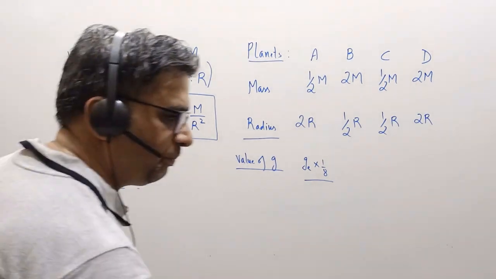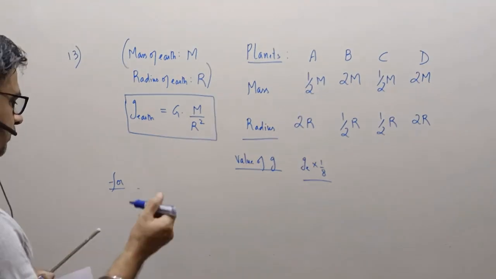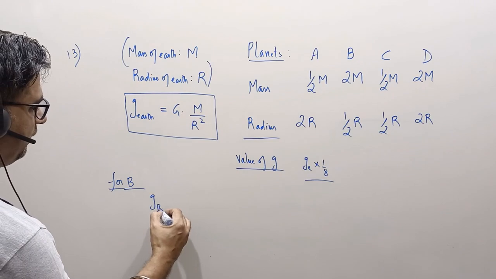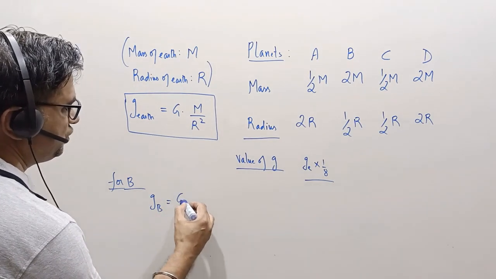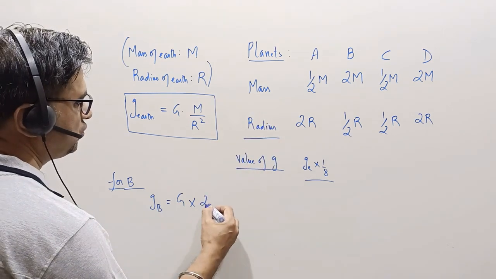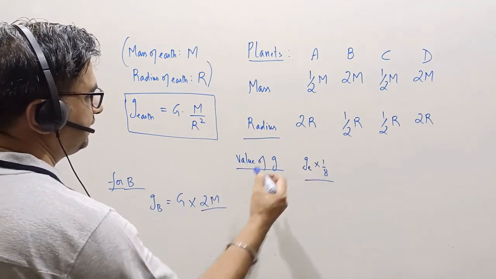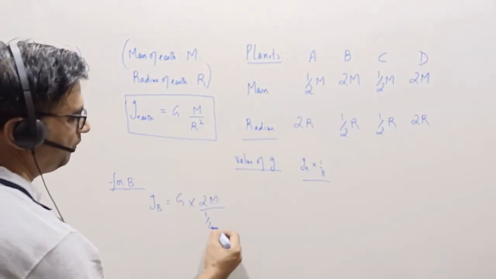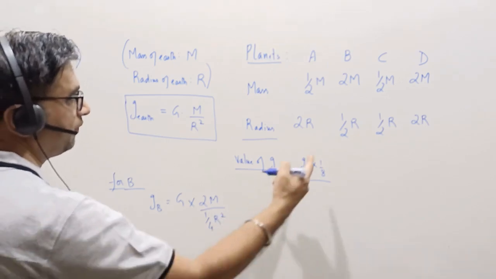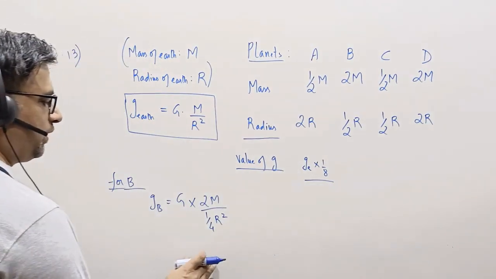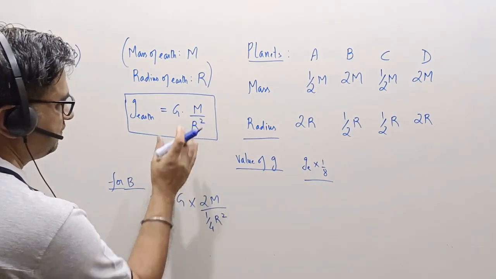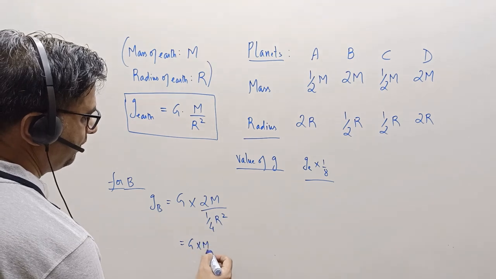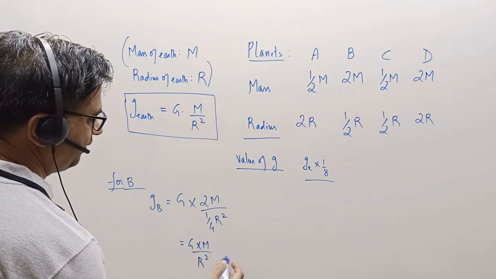For B, we have g of B will be equal to g. Here mass is twice m and this is half r. So the square of this will be 1 by 4 r square. It's the square of this, mind you. So it's 1 by 4 r square. Rewriting this in terms of this, we get g into m by r square.